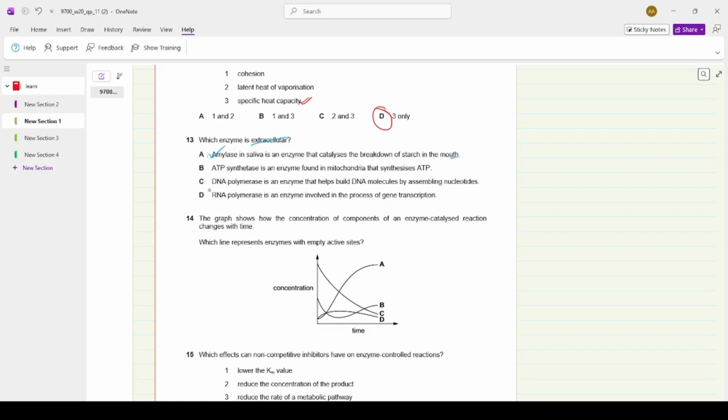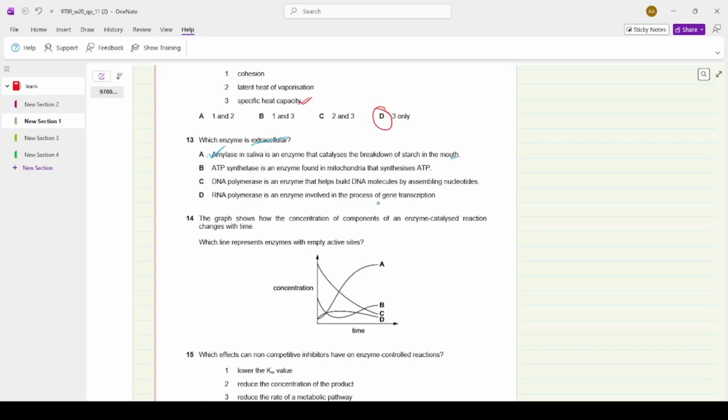And maybe we can look at the different options which are there. ATP synthetase is an enzyme found in mitochondria that synthesizes ATP. This is found in the membrane of the mitochondria, so that is intracellular, it is working inside the cell. Then C, DNA polymerase, an enzyme that helps build DNA molecules by assembling nucleotides.